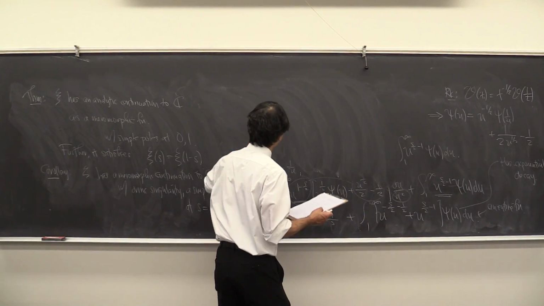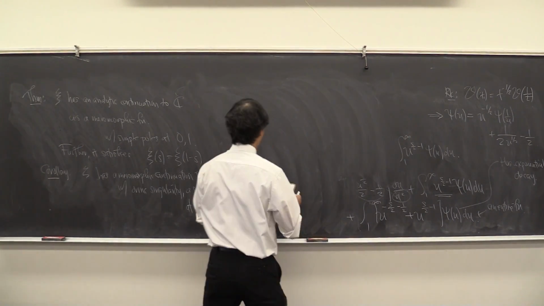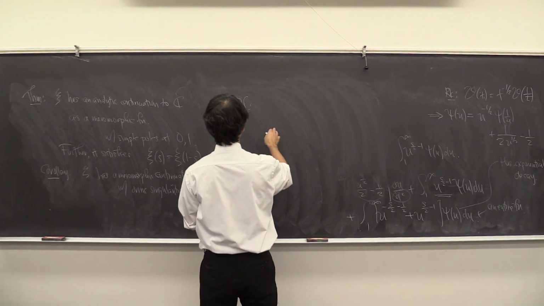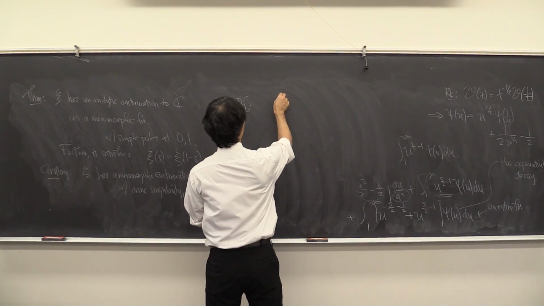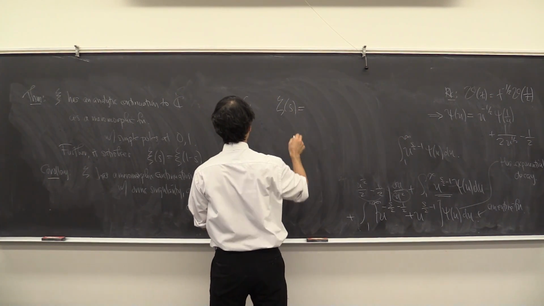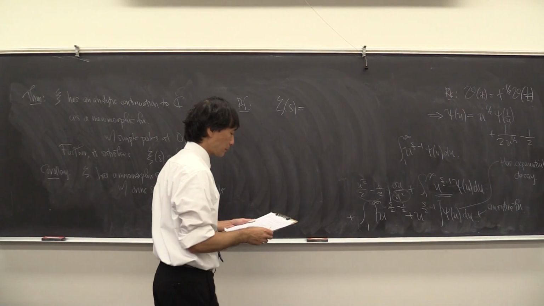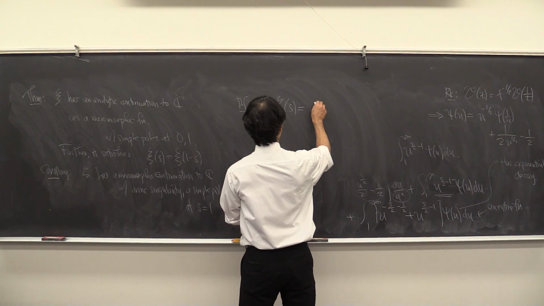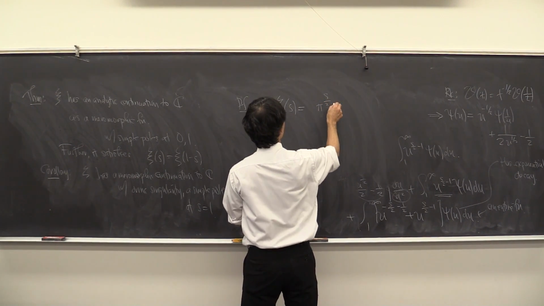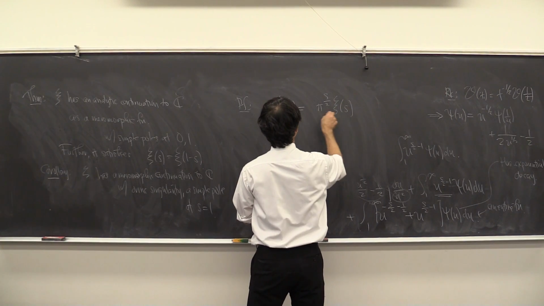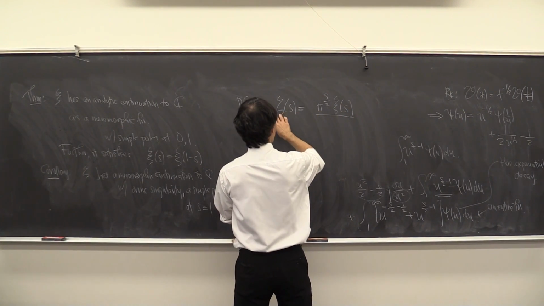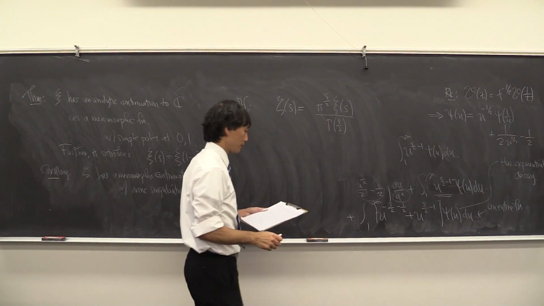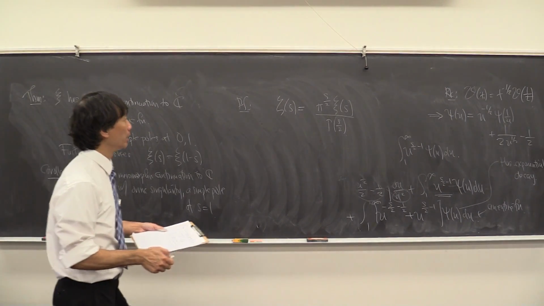Okay, and the proof is just to say, well, look, we see that gamma of s, by the definition of xi, zeta of s is just this, right?